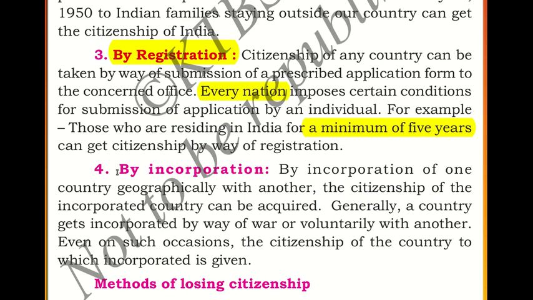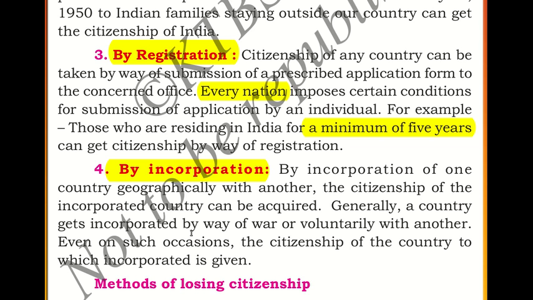Next, by incorporation. By incorporation of one country geographically with another, the citizenship of the incorporated country can be acquired. Generally, a country gets incorporated by way of war or voluntarily with another. So this is a political reason where two countries become one, either by war or by merging.